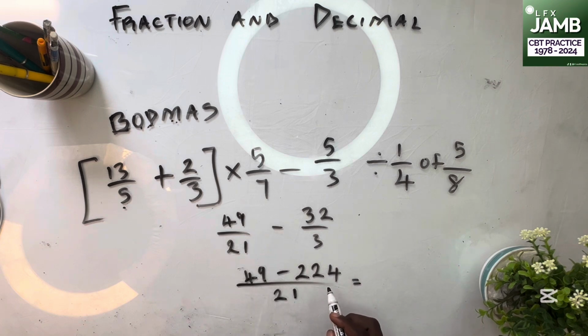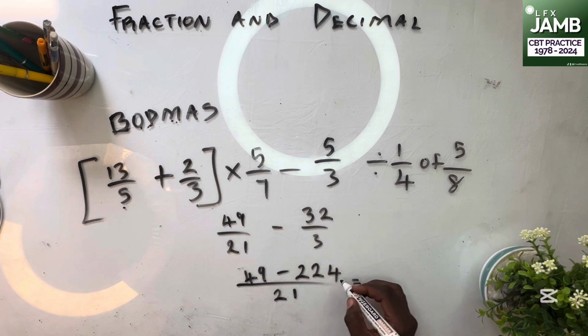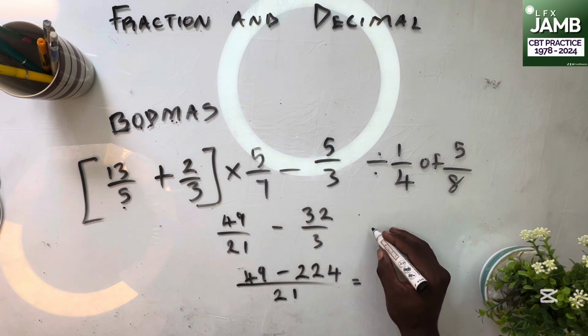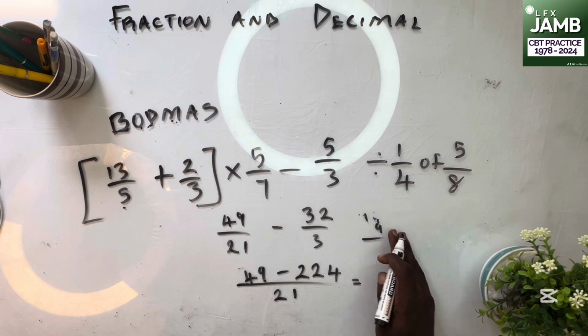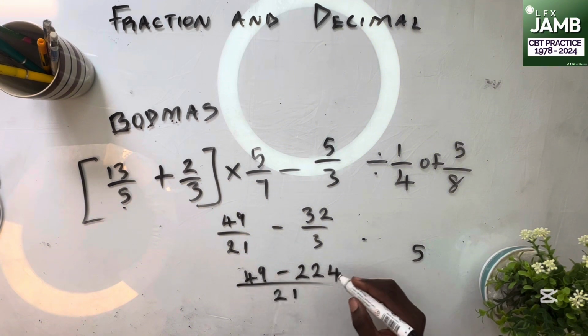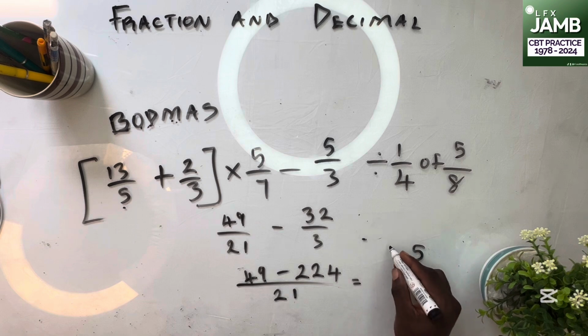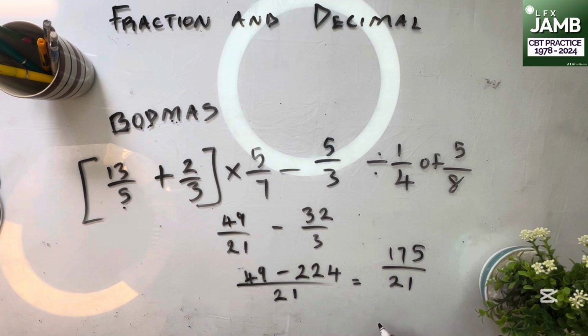So let's subtract 224 from 49. That is 49 minus 224. We'll be having minus 175 over 21.